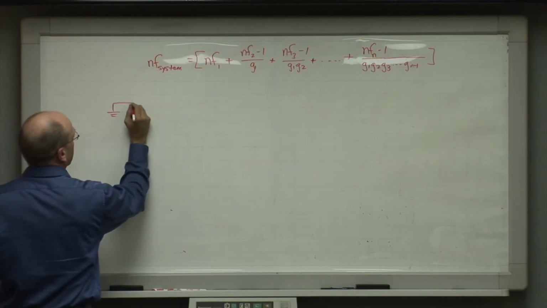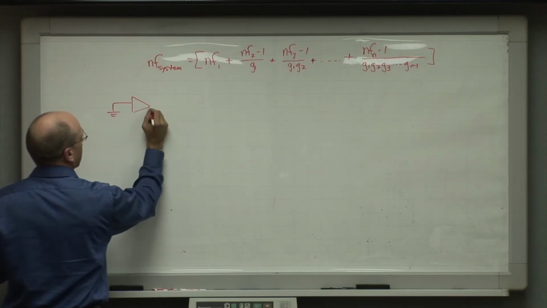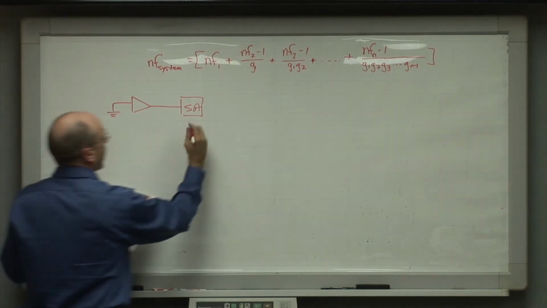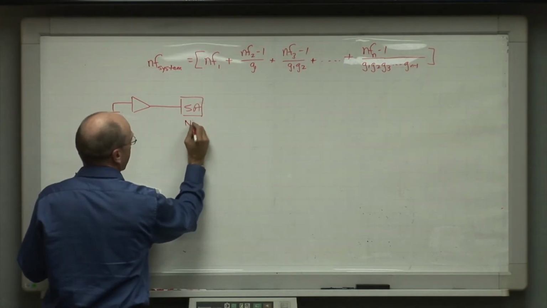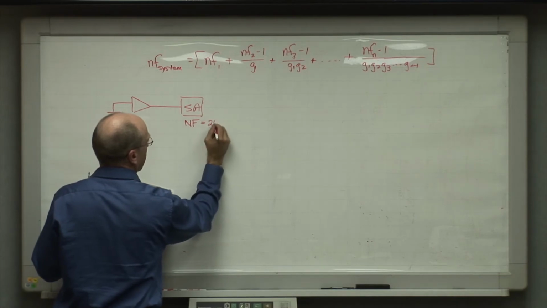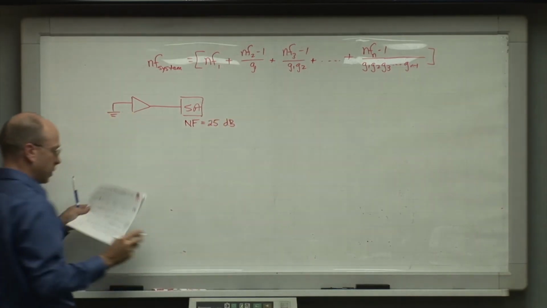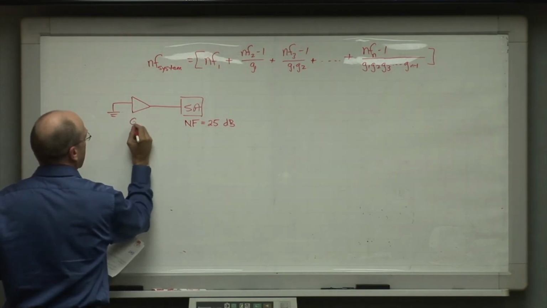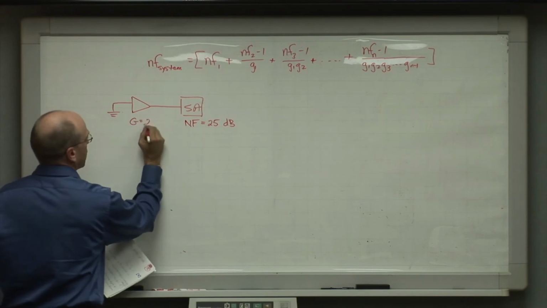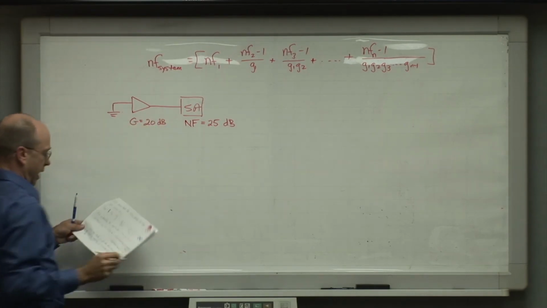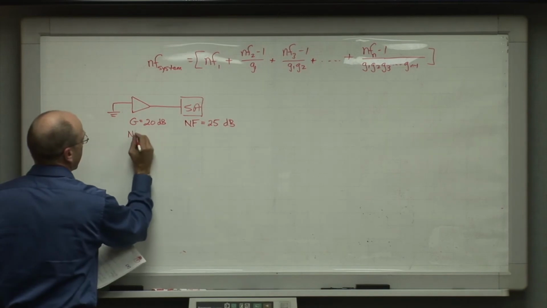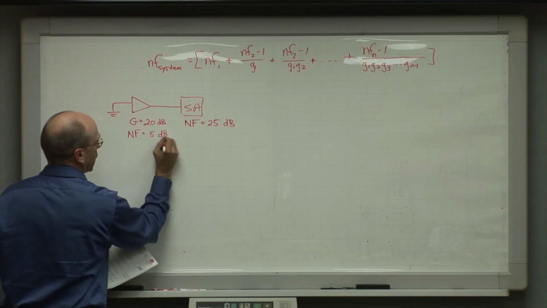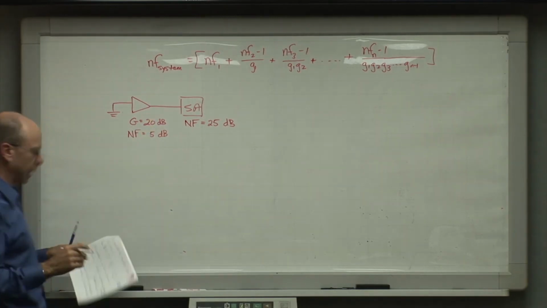We have an amplifier going straight into a spectrum analyzer, and the noise figure, capital letters, decibels, of the spectrum analyzer is equal to 25 dB, a good typical number. And we'll suppose that this amplifier's gain, again in decibels, capital G, is equal to 20 dB, and its noise figure in F, remember that's the additive noise in decibels, is equal to 5 dB. You'll see in a moment that I have not picked these numbers accidentally.